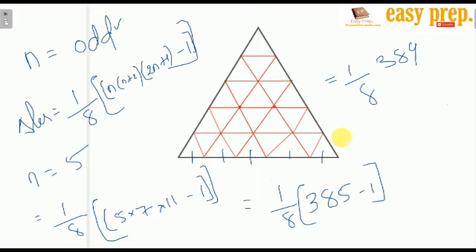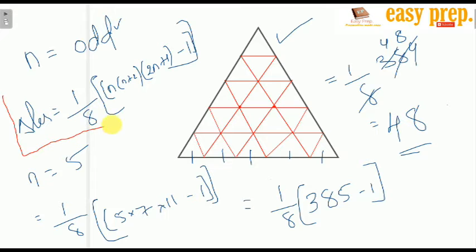Okay, that is 8 fours 32, 64 and 8 eights, so 48. Okay, so there will be 48 triangles in this kind of figure, friends. 48 triangles.